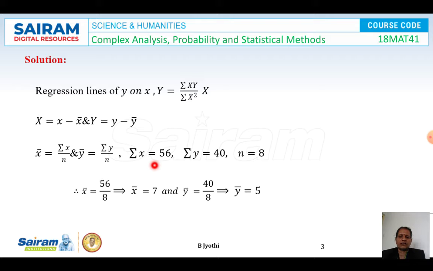So sigma x we have calculated as 56 and sigma y is 40, and n, the total number of data we have taken, is 8. Therefore, x bar is 56 by 8, which equals 7, and y bar is 40 by 8, which equals 5.